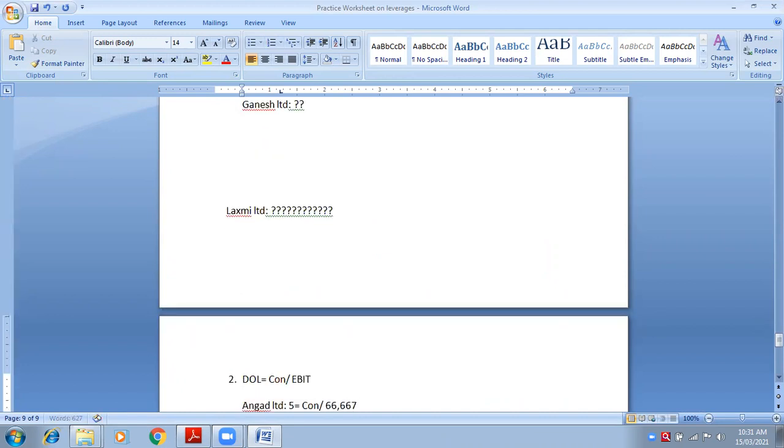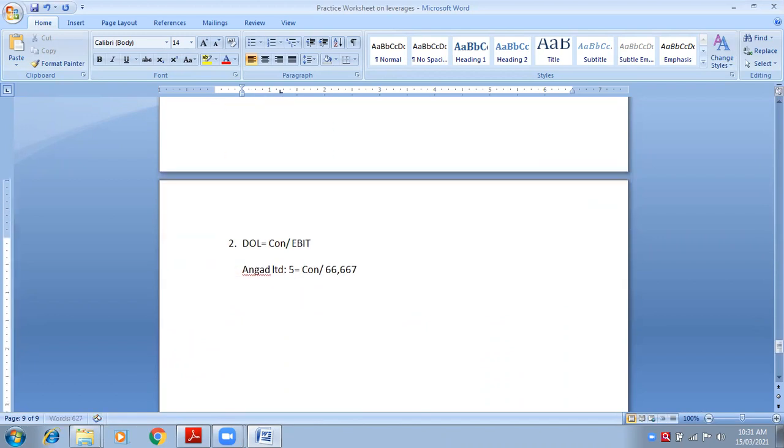Tell me, how will you solve it? Therefore, contribution is equal to this divided by 66,667, which will go here and be converted into multiplication. So 5 into 66,667 is equal to contribution.